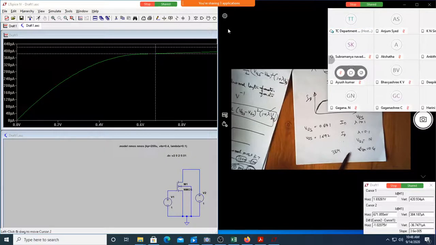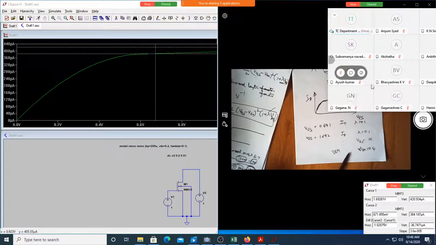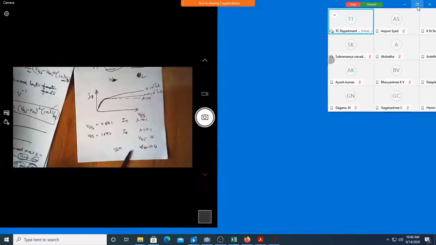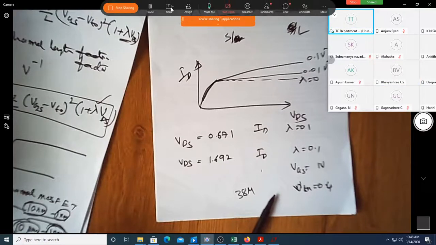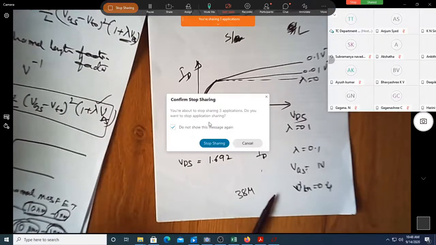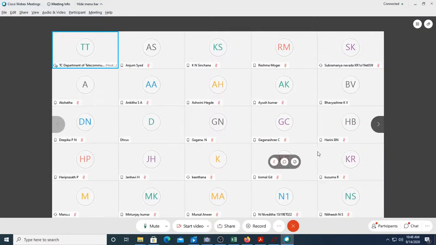Are you all getting it? Let me ask one of your friends to show. Why don't you show the answers? Sir, I'm doing, sir. How much time do you require? Just entering the values. Harini?